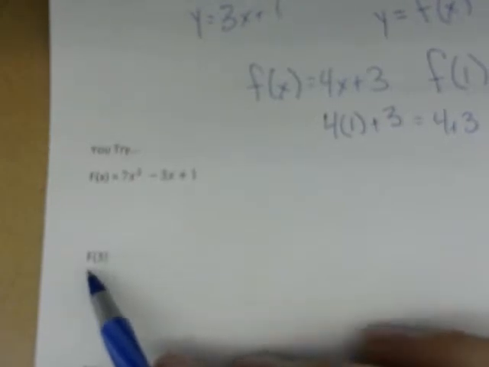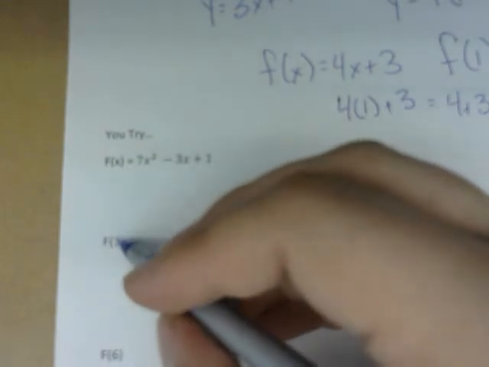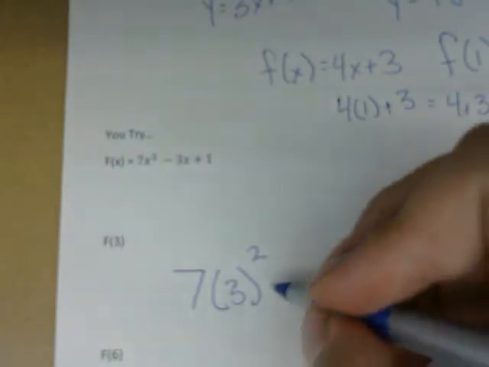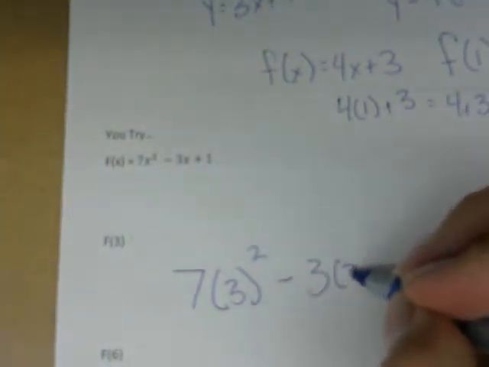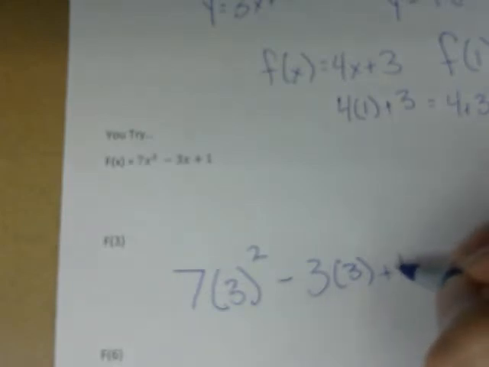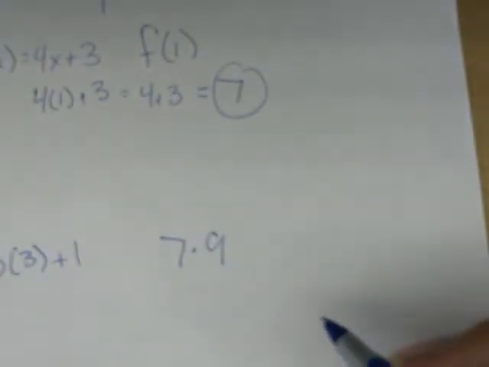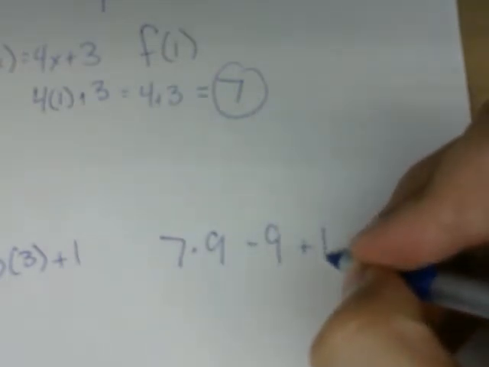Alright, so we have f of 3. Let's plug this in. So you have 7x squared, my x is now 3. So it's 7 times 3 squared minus 3 times 3 plus 1. So it'd be 7 times 9, because 3 squared is 9, minus 9 plus 1.